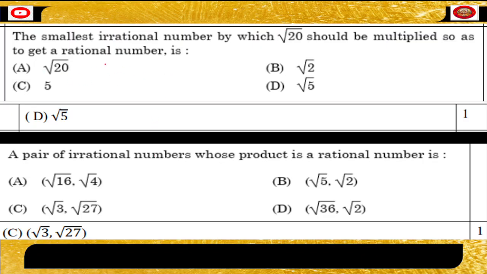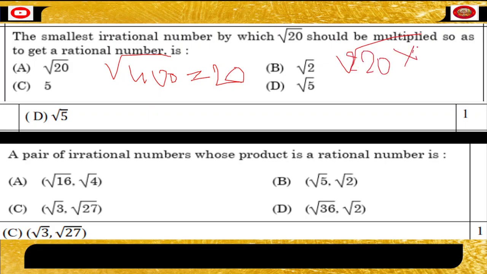Square root of 400 is 20. Here, square root of 20 into 2 gives square root of 40.